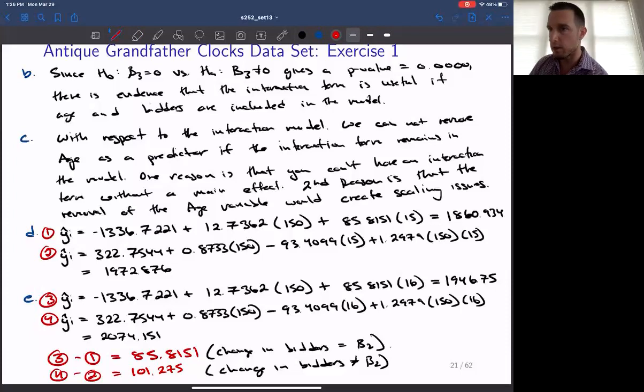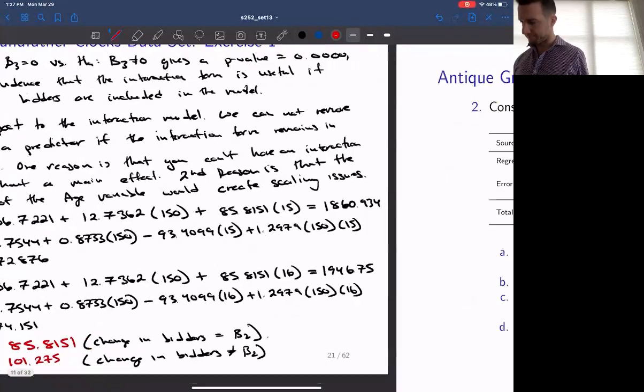And afterwards, I'll try and clean this up so I can give the explanation of the exact change, because it should just be a function of beta 2 and beta 3, because those are the two values that are changing. But for some reason right now, it's not working out exactly the way that I expected. But sometimes that's how things go, I guess. All right, so that's the first illustration.